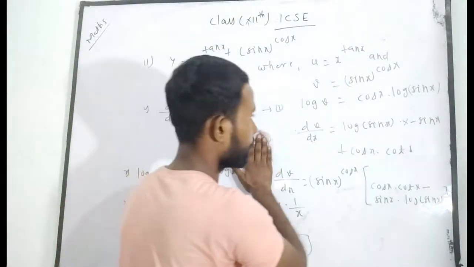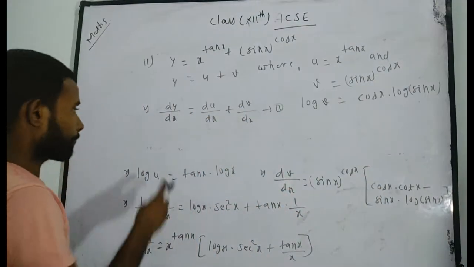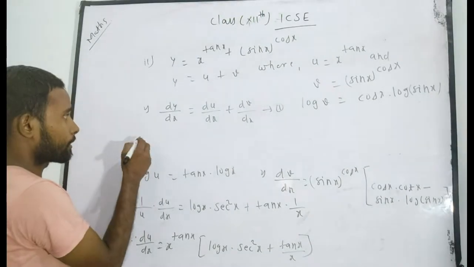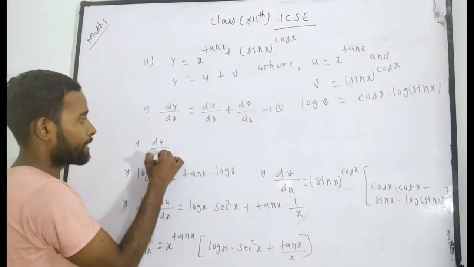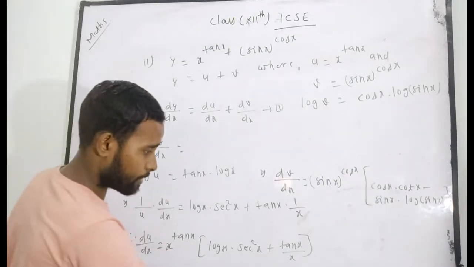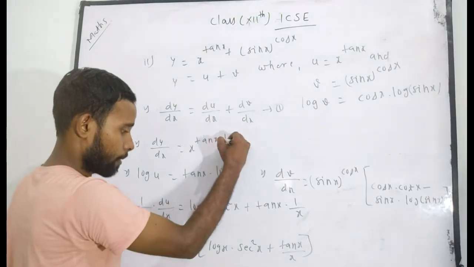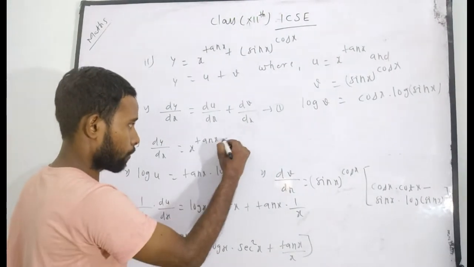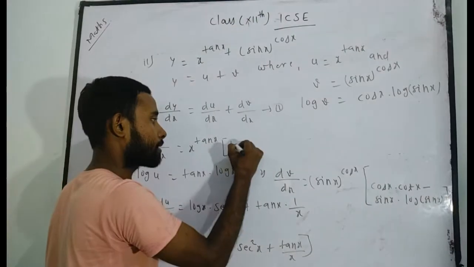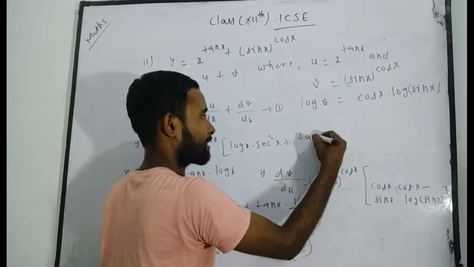What is your answer? Can I write this part? Yes, you can write. See here. This is your dy/dx, which will be du/dx. du/dx will be this expression, so I write here x to the power 10x into the bracket of log x into sec square x plus 10x by x.